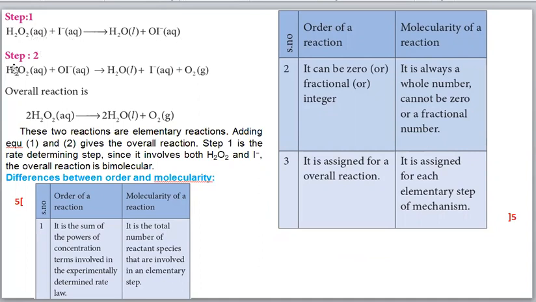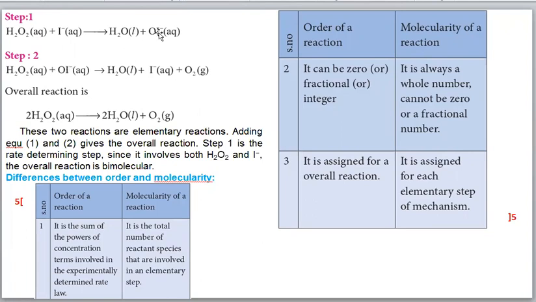Then step 2: hydrogen peroxide again combines with the OI minus. One oxygen combines with this oxygen to form O2, the iodide ion is regenerated, and hydrogen peroxide is converted to water. For the overall reaction, we can add these two steps.